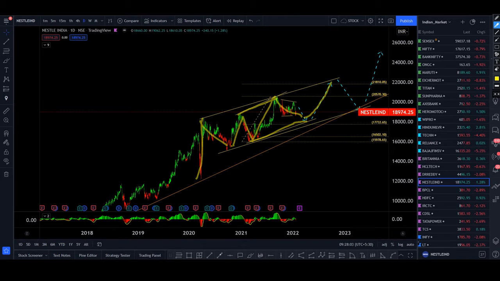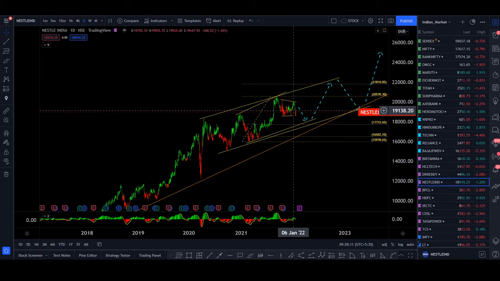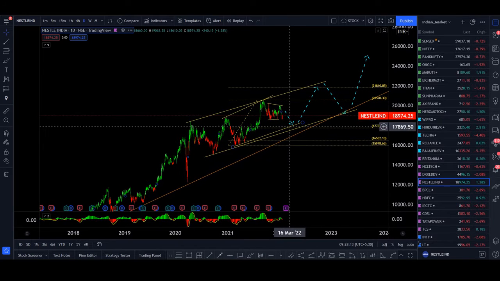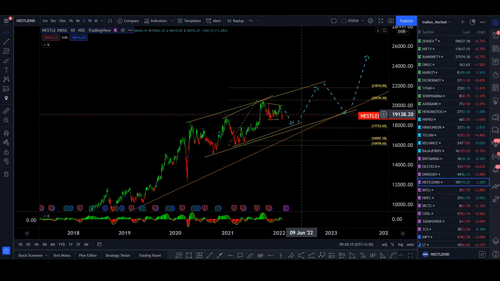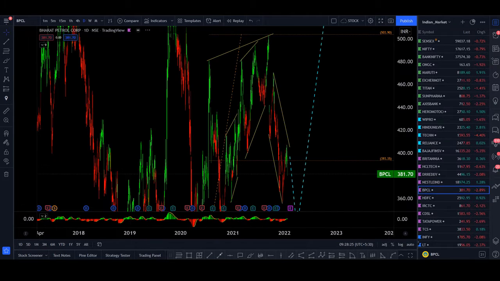Then we are expecting another wave up followed by a correction to complete this entire wave for a further move up. For the trade, we are waiting for this to consolidate, and when it breaks out, we will be entering the trade for this range. Okay, that's Nestle.